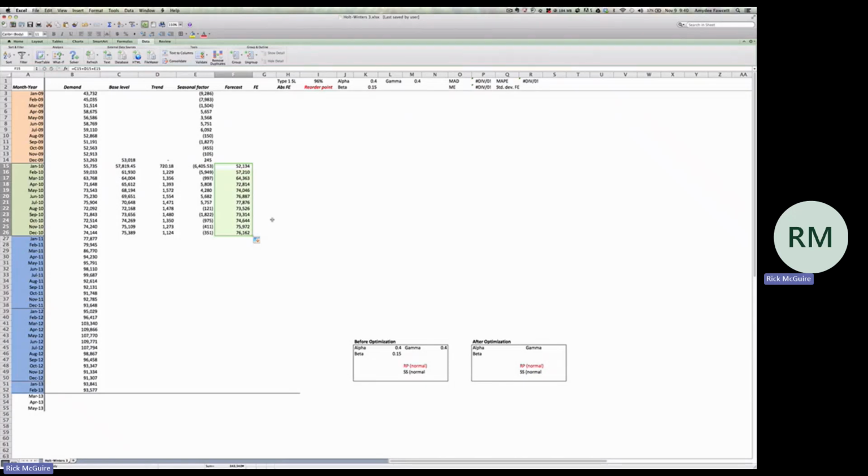Now, remember, I told you one thing in those preceding videos, and that was there's a little bit of a problem with doing that. And that's because these forecasts here are hypothetical or theoretical forecasts, in the sense that they clearly incorporate current period demand observation information. So they are not really real. They're not true forecasts.